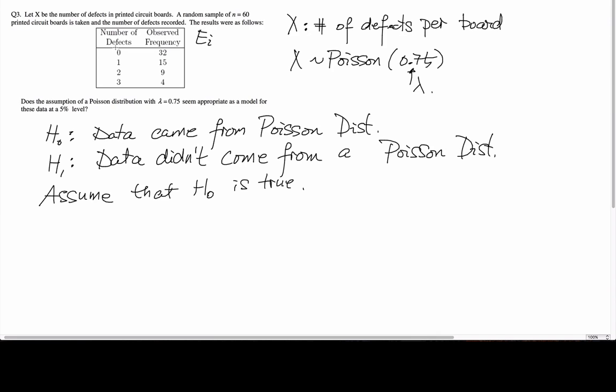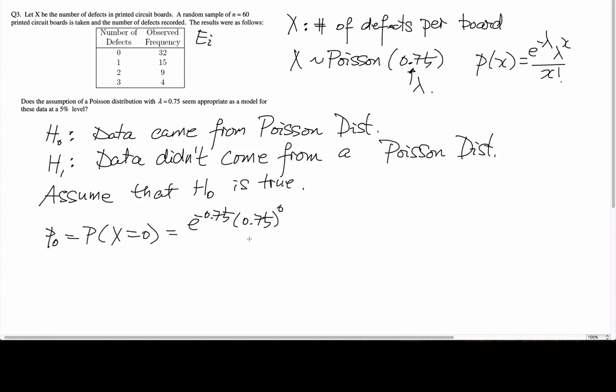So had the number of defects per circuit board come from a Poisson distribution random variable, the probability that we will get 0 defects will follow the Poisson distribution formula, which is e to the minus lambda times lambda to the power of x divided by x factorial. So e to the minus 0.75 times 0.75 to the power of 0 divided by 0 factorial, and we get 0.472.